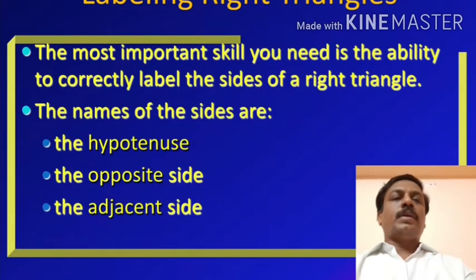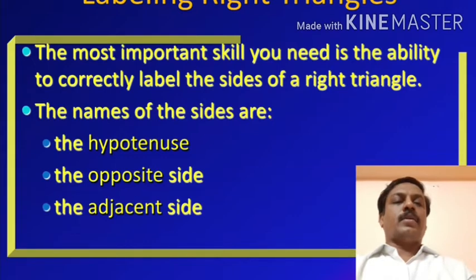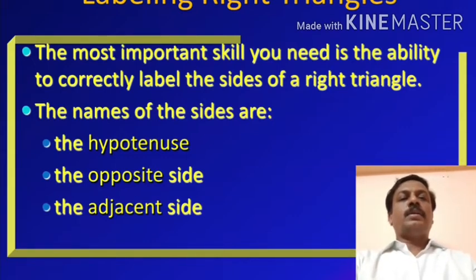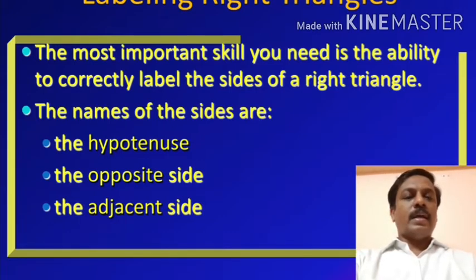So the most important skill you need is the ability to correctly label the sides of a right triangle. So to define trigonometric ratios, first we should learn to label the sides of a right angle.